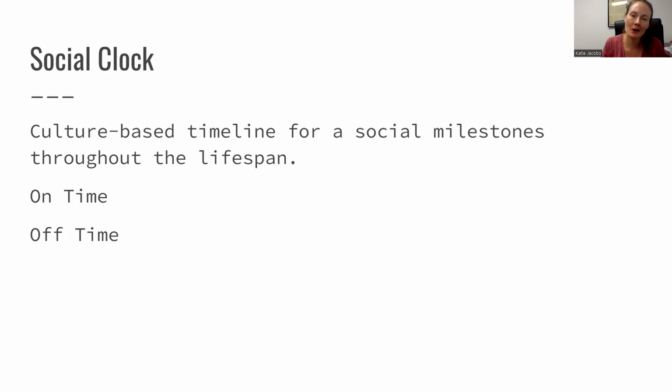And if you have a romantic partner, are you going to get married? And if you get married, they ask, are you going to have kids? And if you have one kid, they ask, are you going to have another? Right. And then if you have two kids, they ask, are you thinking about a third? And after you have three or four, they're like, are you going to stop? But there's all these different milestones that people can push you on just by being a part of a culture.